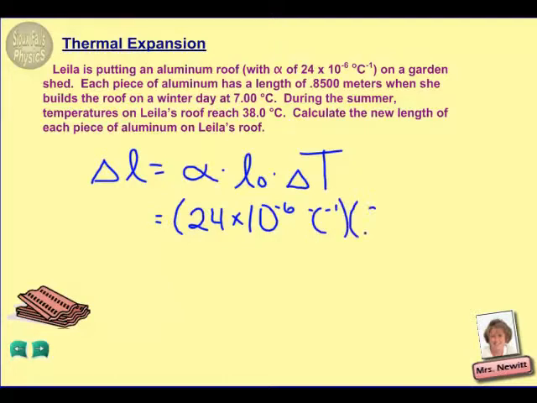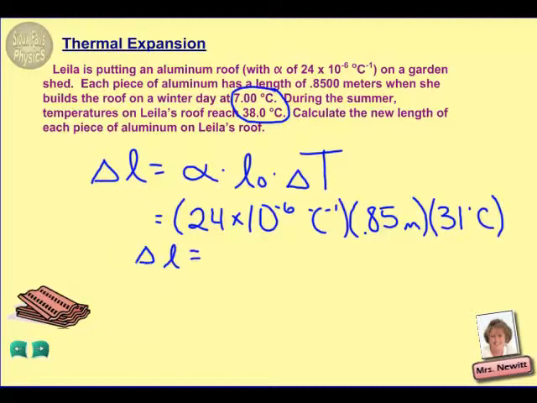Our initial length is 0.85 meters, and the change in temperature can be found by comparing the original temperature of 7 degrees to the final temperature of 38 degrees, and we end up with a change of 31 degrees Celsius. Plugging those numbers in, we get a change in length of 6.32 times 10 to the negative 4th meters.